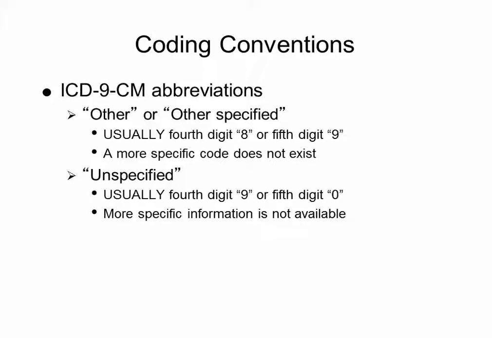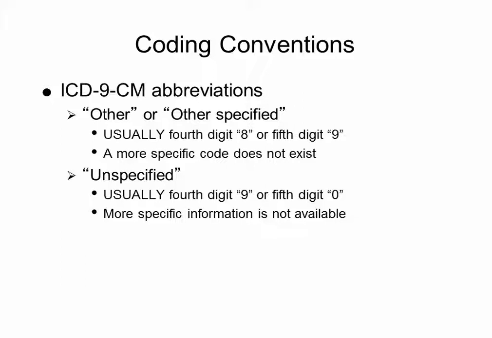So, other specified, which we said is our NEC. Other or other specified is usually a fourth digit of 8 or a fifth digit of 9. 8 and 9 are going to be the two digits that you're going to see that represent other or other specified.